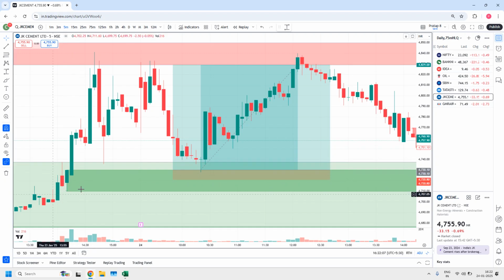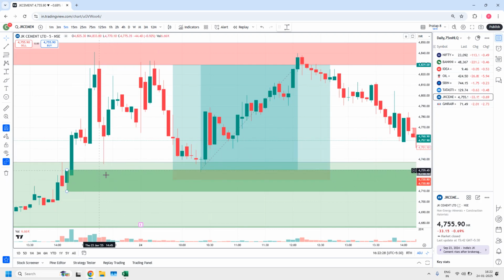Now you see, according to our zone, this is the area where you have a very strong institutional order flow. And the second price action clue: prices came near to the zone and again sharply moved up.